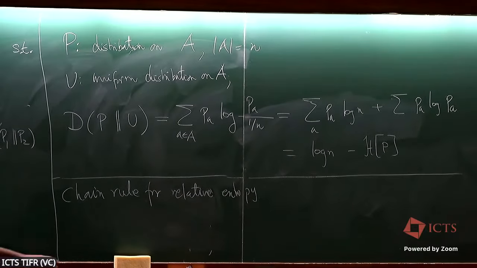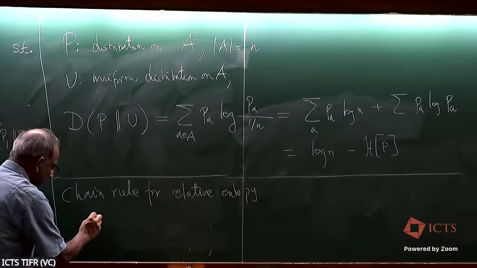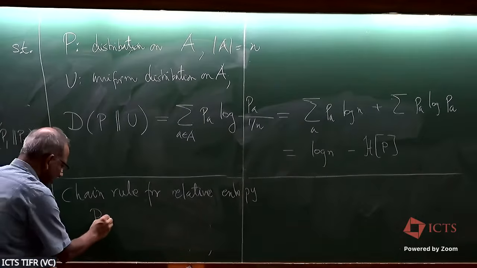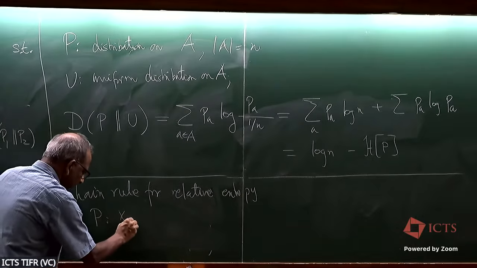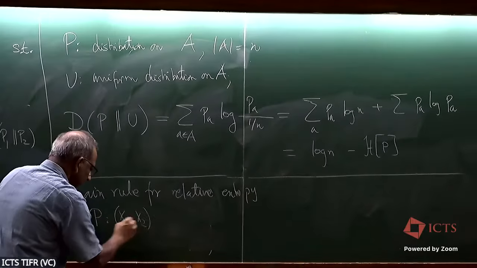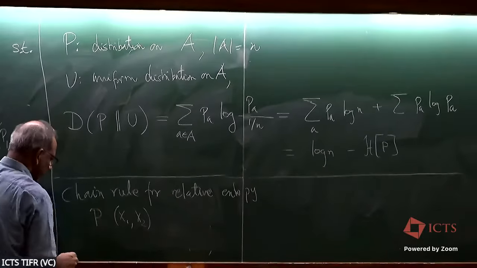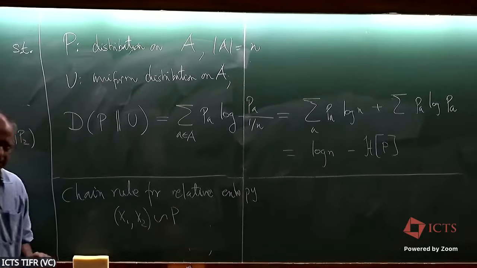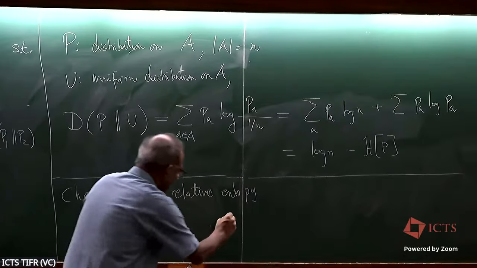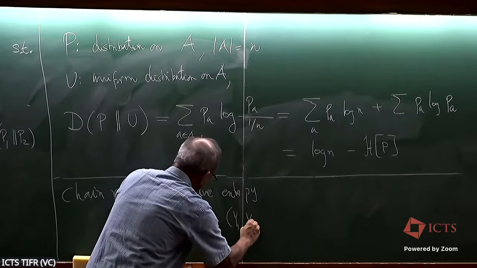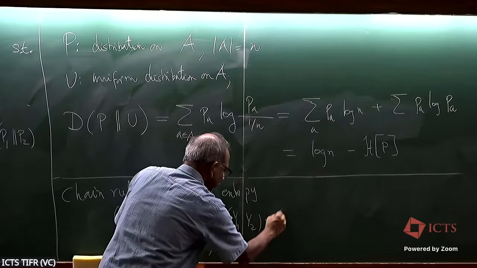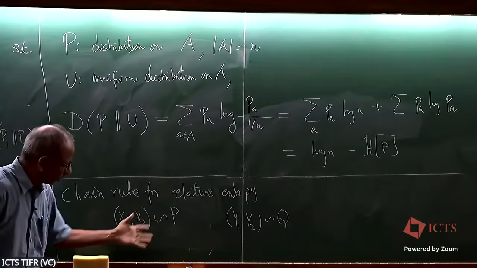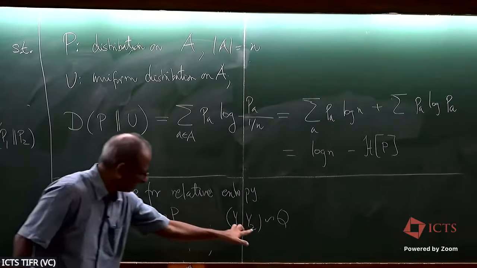Suppose there are two random variables x1, x2, and their joint distribution is P. And there are two random variables y1, y2, and their joint distribution is Q. They both take values over the same alphabet.